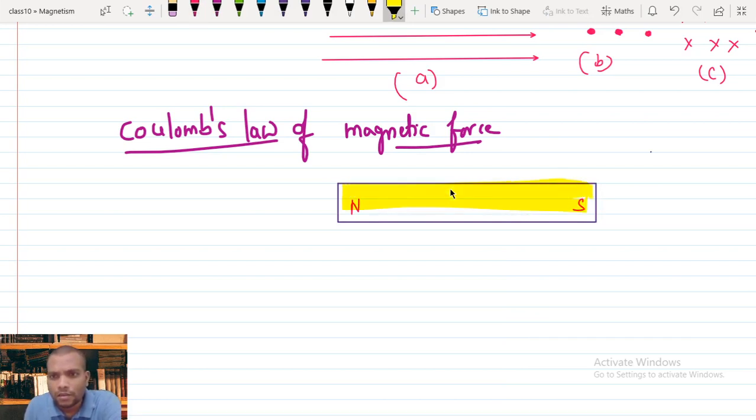These are two separate poles, separated by a magnetic length. Suppose that distance between them is r.